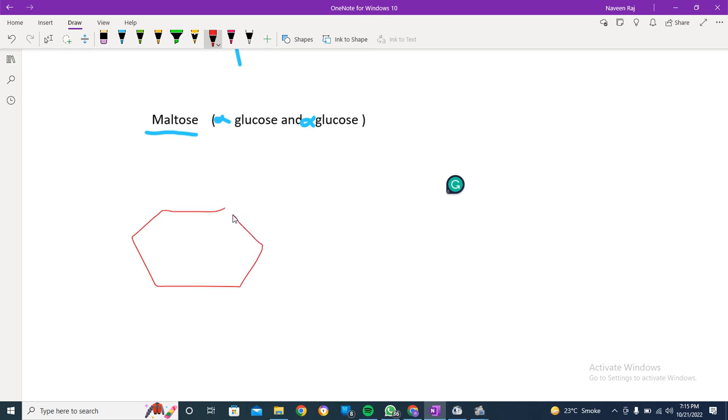So here it is: oxygen, then C1, on which there would be the alpha. For alpha, H is up and OH is down. This is the sign of alpha. The second carbon is the same, H and OH, and the C3 is different, OH and H. We will look into it.